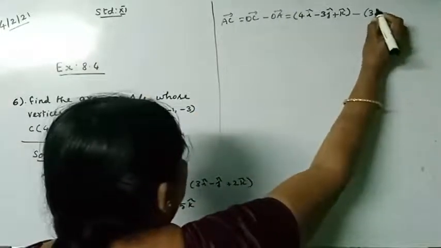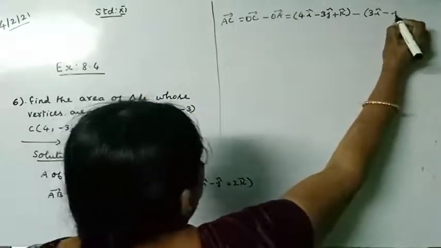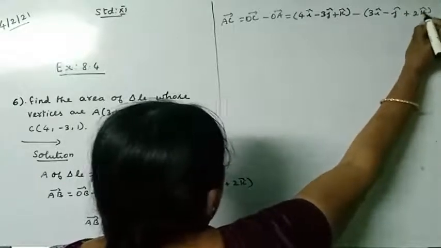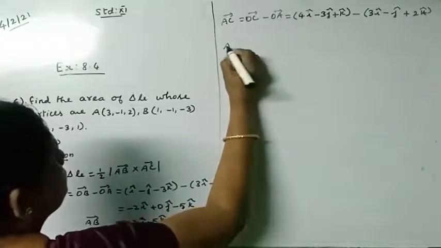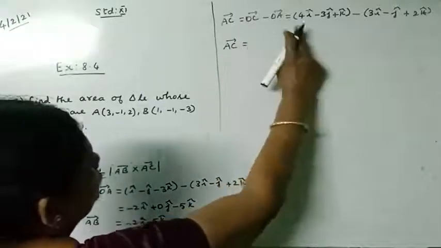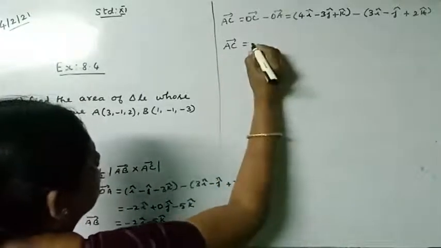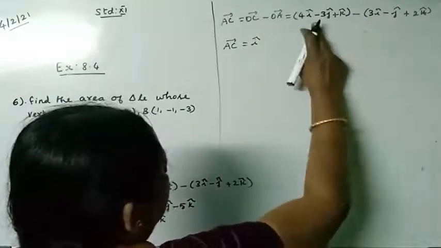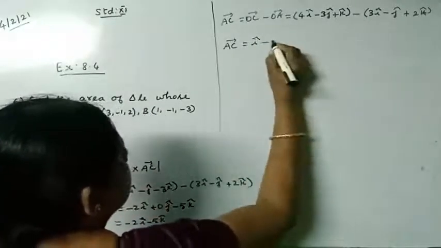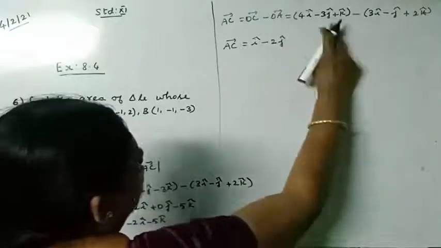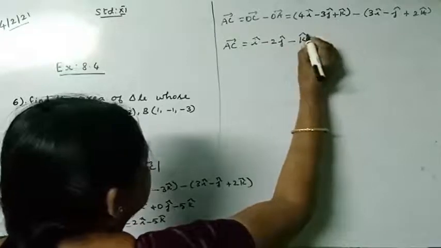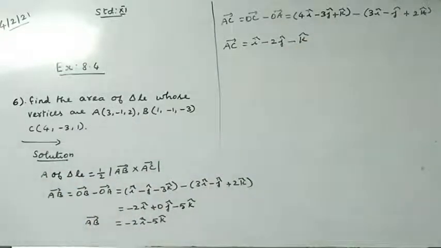So 3i vector minus j vector plus 2k cap. So now subtract. So AC vector is equal to 4 minus 3 is 1 i cap. Minus 3 minus minus plus, minus 3 plus 1 is minus 2j cap. 1 minus 2 is minus 1, so minus k cap. So AB vector and AC vector are found.